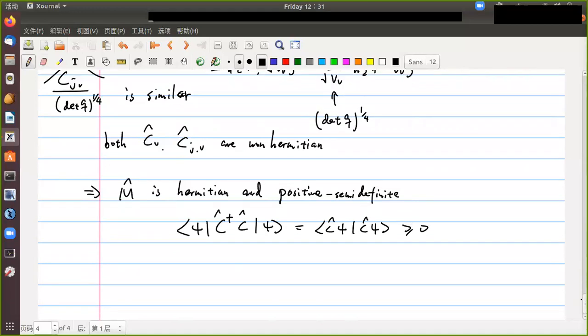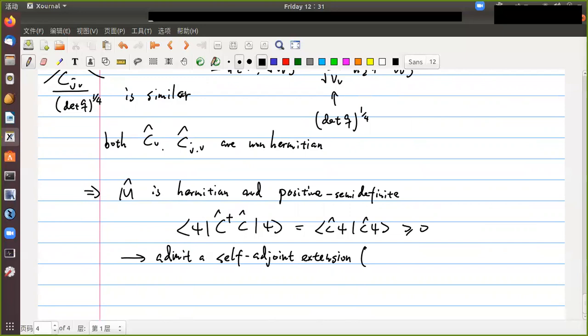In functional analysis, whenever you have an operator which is Hermitian and positive semi-definite, there's a theorem saying that this operator admits a self-adjoint extension.